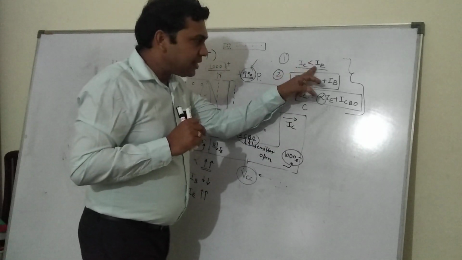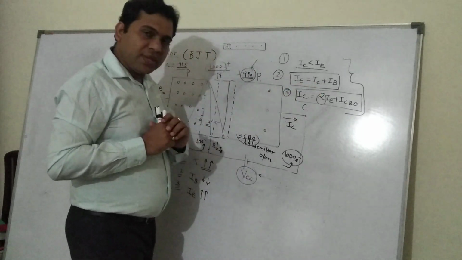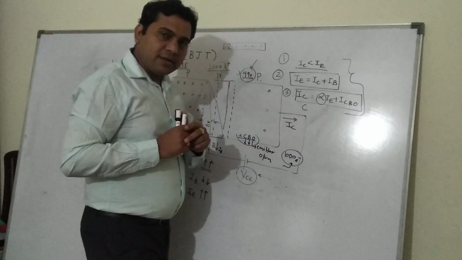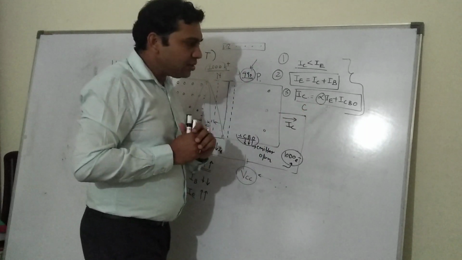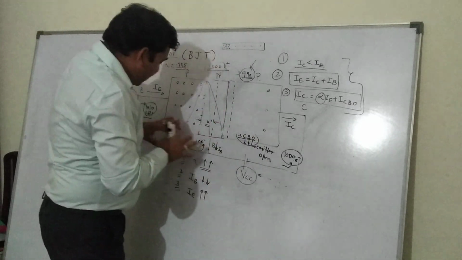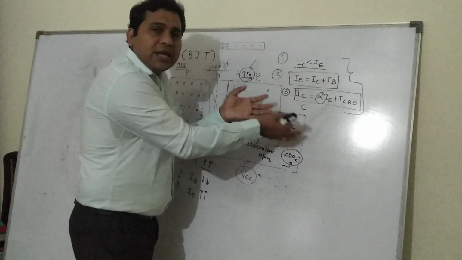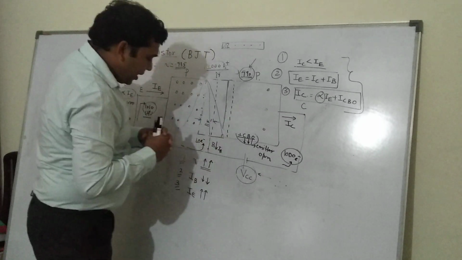IC is always less than IE. IE is equal to IC plus IB. IC has two parts. One, the part of IE coming at the collector junction. ICBO is the reverse saturation current. Even if the emitter is open, there is always a small current flowing into the collector terminal.